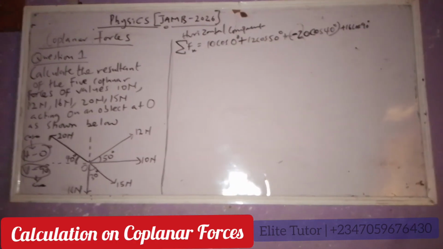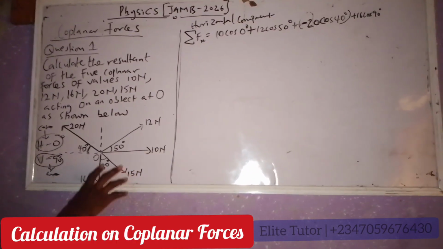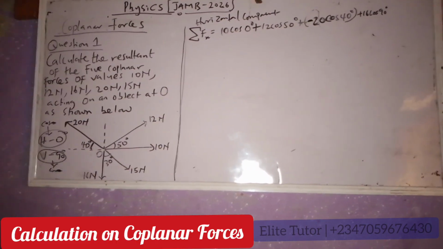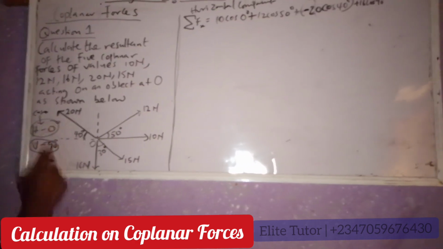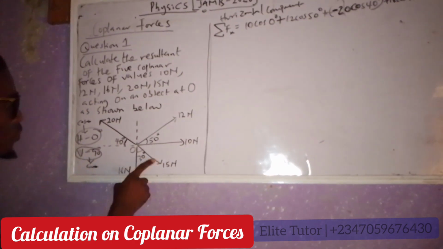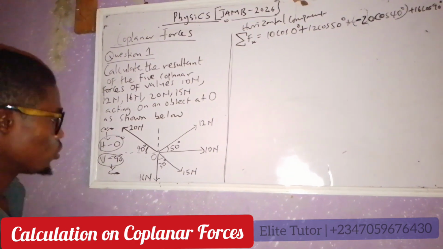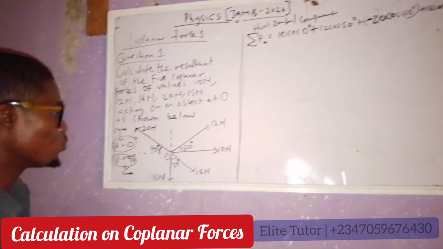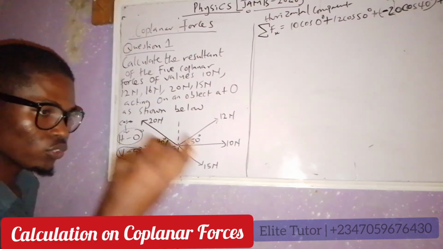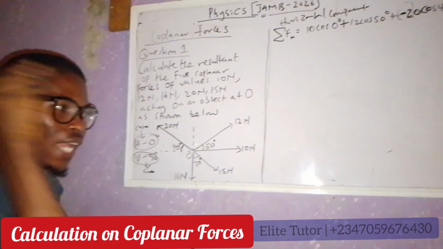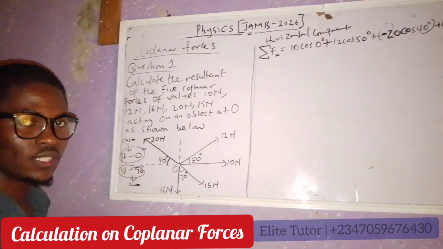Is that clear? Now, do you still have any value? We still have 15 here. So using 15, is it going to be 15 cos 30? No, it's wrong. I told you that anytime you want to use an angle, whether for the vertical component or the horizontal component, the angle you use must be attached to the horizontal. That is the rule.